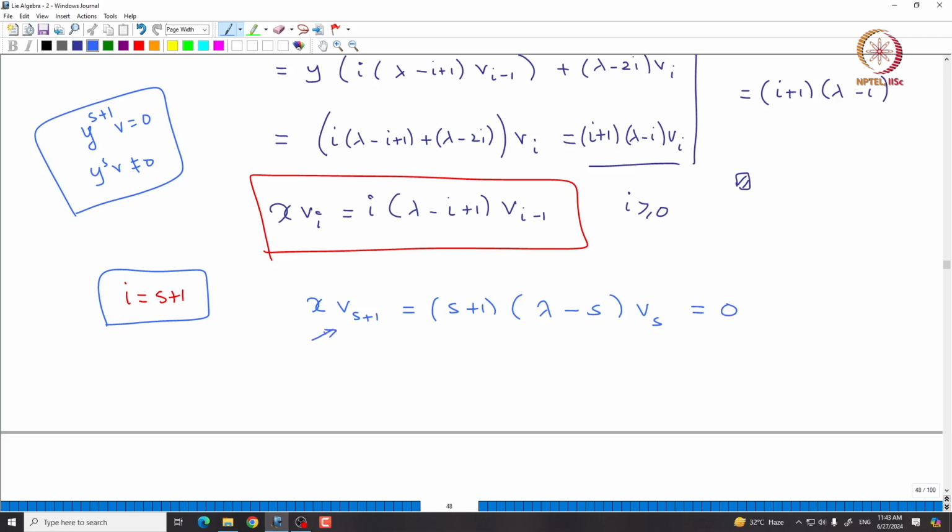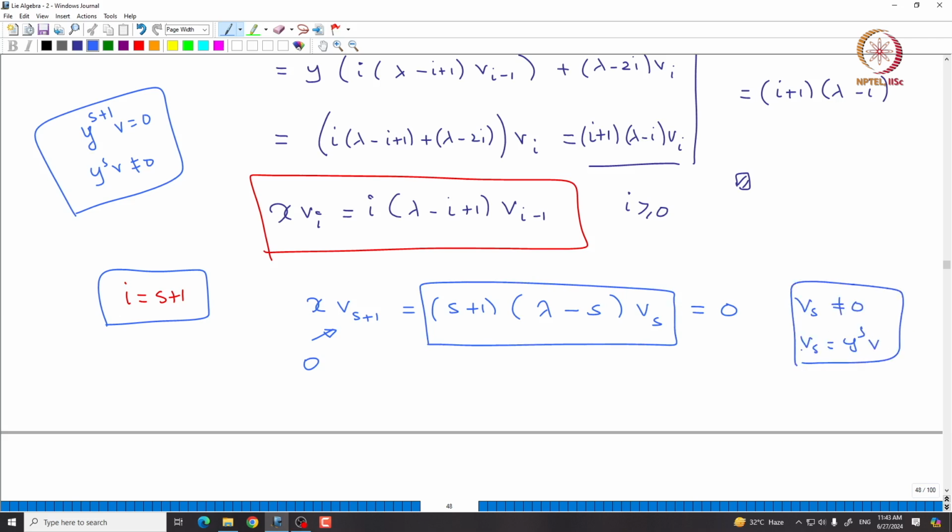Because this is 0, this vector is also 0. But note that v s is non-zero, since v s is y power s v. So that means this s plus 1 cannot be 0, because s is a non-negative integer. So that forces lambda minus s to be 0.